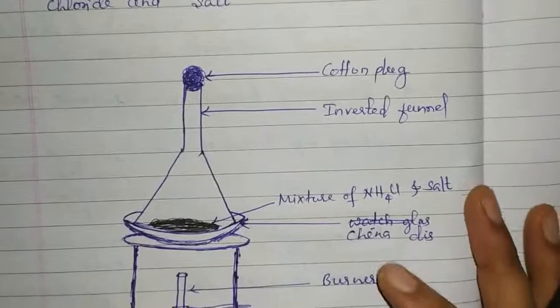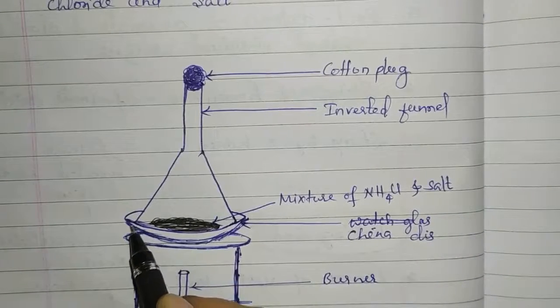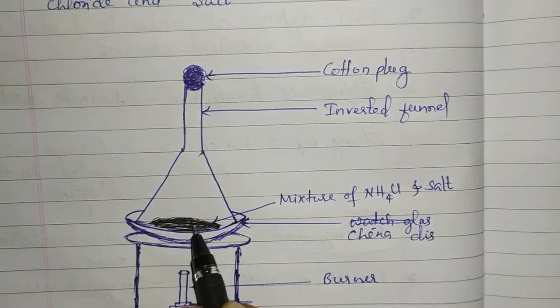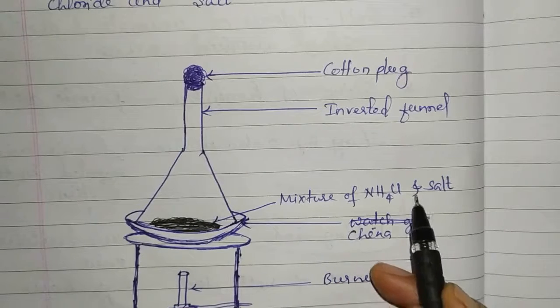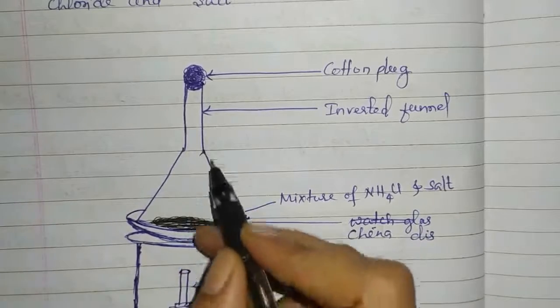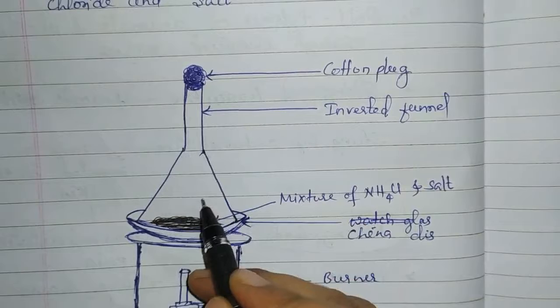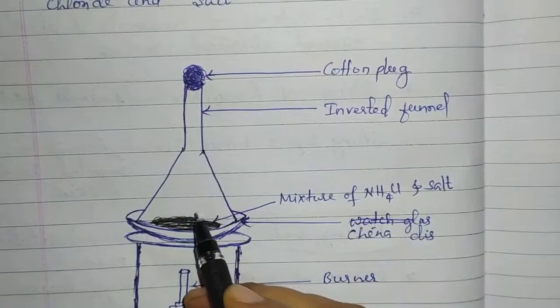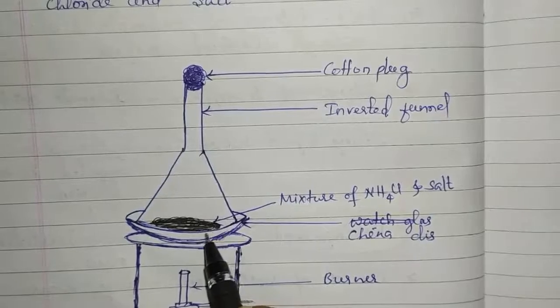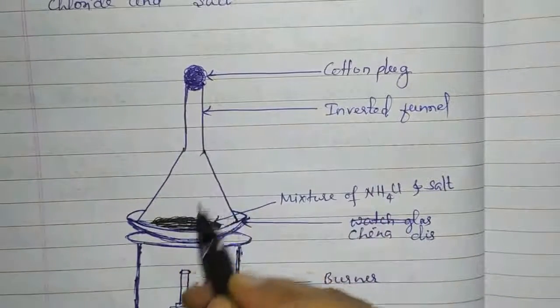Children, see here, this is a China dish. Inside the China dish we are placing the mixture of ammonium chloride and salt. Above this we are placing the funnel. This funnel is placed in an inverted position, and the mixture placed inside the China dish should be enclosed by this funnel.